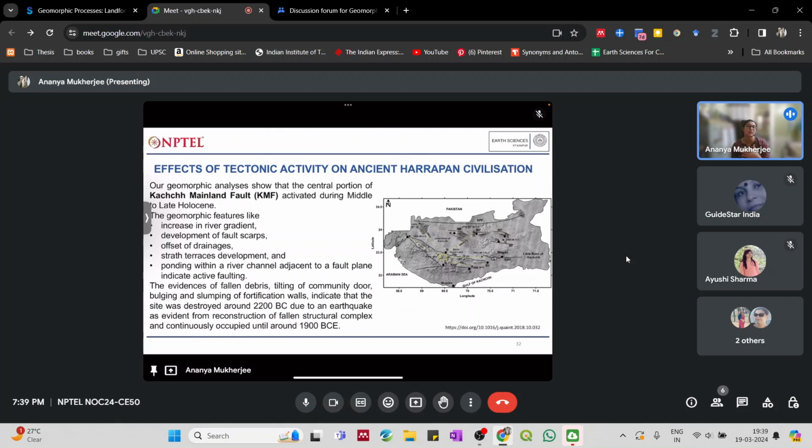How can we try to study these things with respect to geomorphic features? There is an increase in river gradient. When we were seeing the tectonic geomorphology, we saw that during the development of a scarp, there could be an increase in the slope along the scarp's face, and due to that there would be an increase in the river gradient, or there is a displacement of the course of the river also.